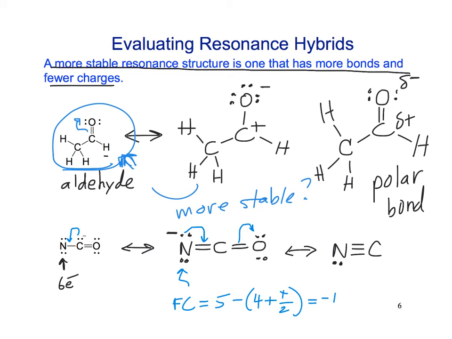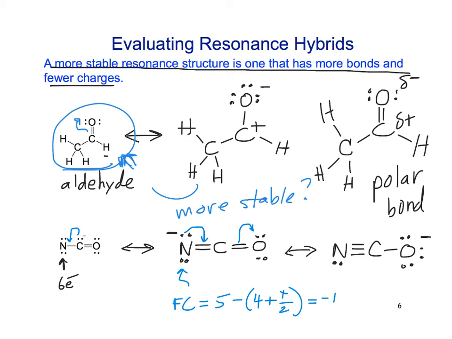Carbon has a triple bond and a single bond. And the oxygen has 3 non-bonding pairs of electrons. Okay, so now where's the minus charge? Well, we've seen this kind of oxygen before, and so the minus charge is going to go onto the oxygen.